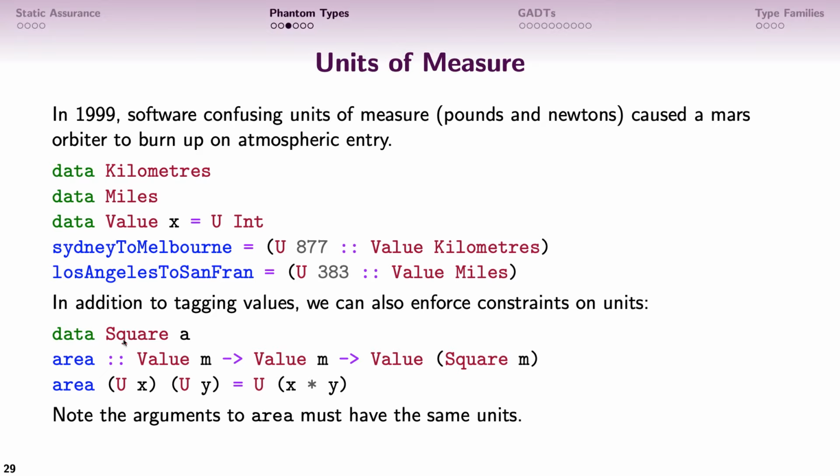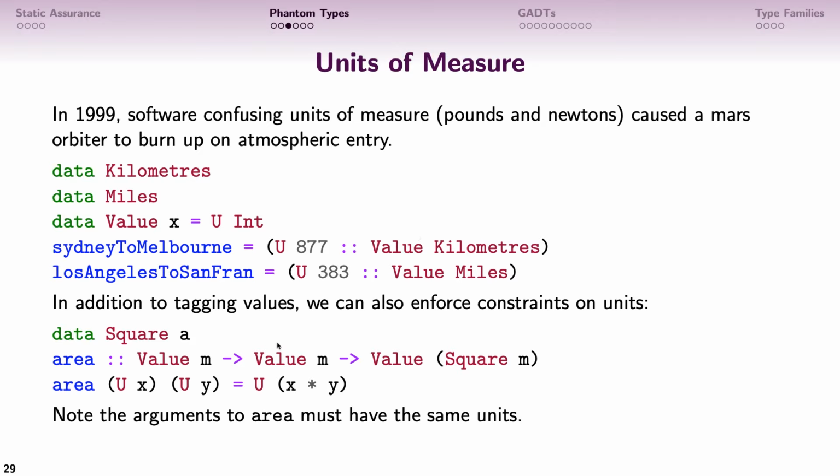So I've got a square A as another empty type here, but it takes a parameter. Area takes in two values and returns a square of those values. So for example, if I give it 2 kilometers values, then it will give me a value in square kilometers, right? Because it's the area of the two sides with the two sides rectangle.